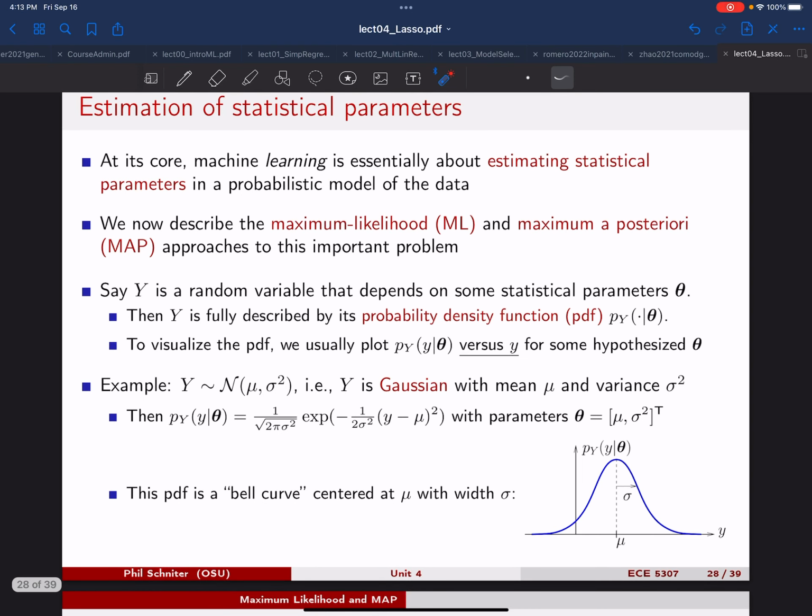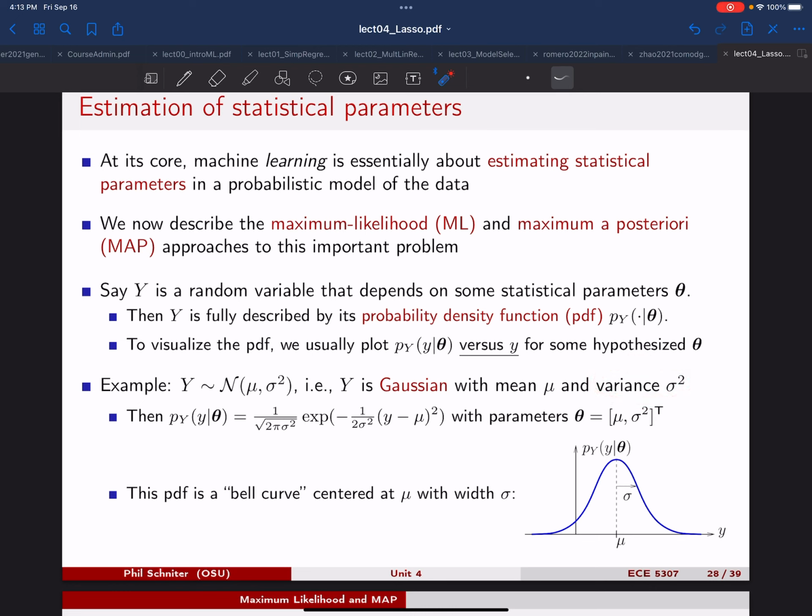Let's remember that if we have a random variable like y, usually it depends on some parameters that govern that random variable, right? For example, if we're talking about a Gaussian, we have the mean of the distribution, and we have the standard deviation sigma, or equivalently the variance sigma squared.